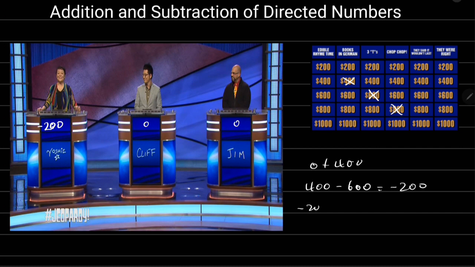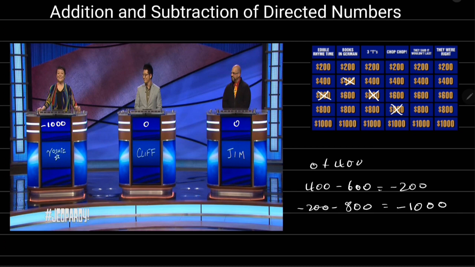So she'll have negative 200 subtract 800. That means now she will go further into the negative. So she'll have negative $1,000.